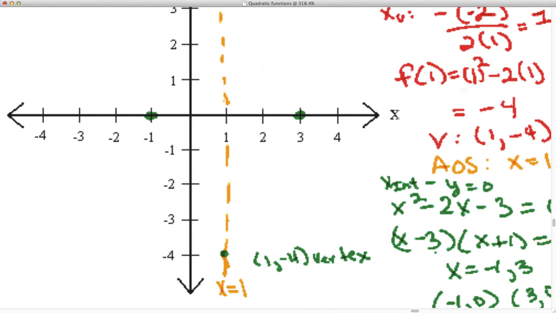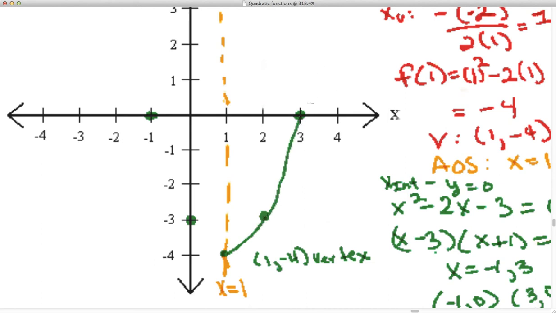For instance, let's look at that y-intercept. What was that y-intercept? 0, negative 3, right? So 0 is 1 to the left of that axis of symmetry and 1 up. So that means there should be another point 1 to the right of the axis of symmetry and 1 up. That's what the axis of symmetry allows you to do. And then all you do is connect the dots. You've finished all the steps necessary.